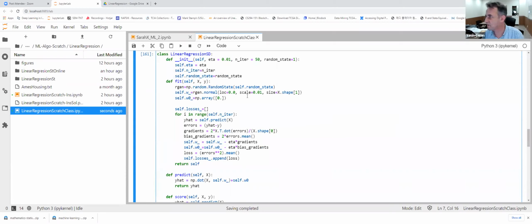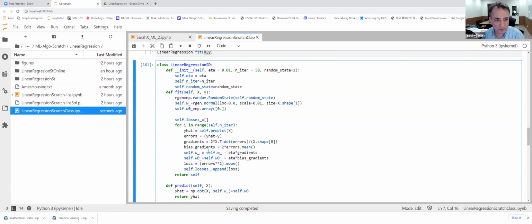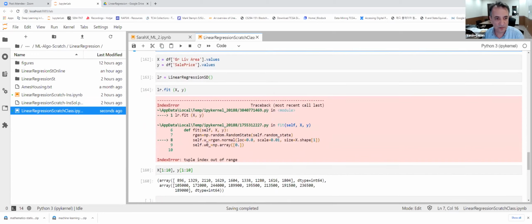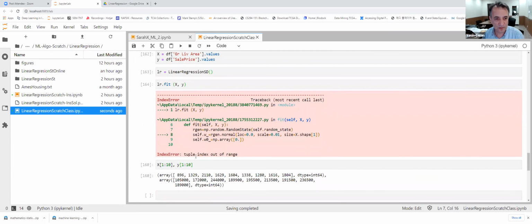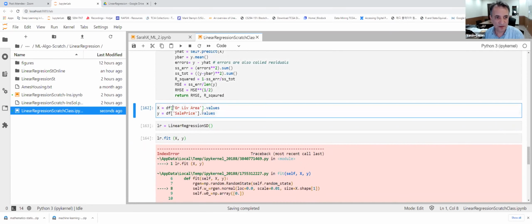The size is X.shape[1], so it's giving the error here. self.w, and random state, self.w, size is X.shape. I see. I need to make this a two-dimensional array because I'm using shape. So I need to make this a two-dimensional array.